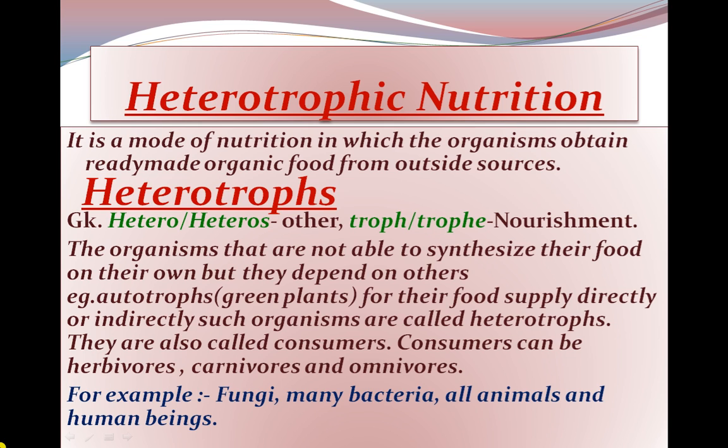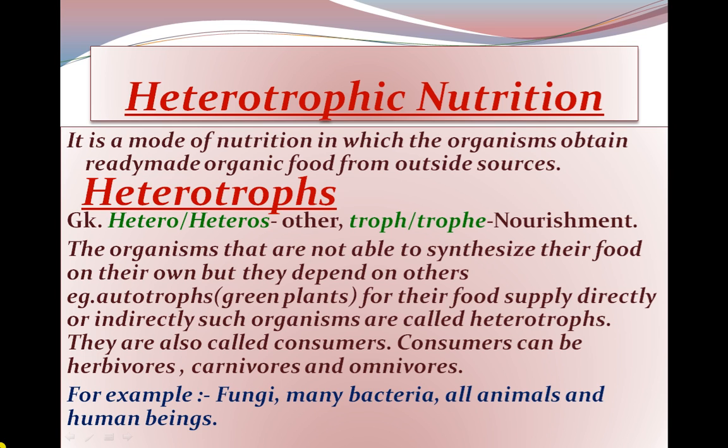What is heterotrophic nutrition? It is a mode of nutrition in which the organism obtains ready-made organic food from outside sources. The organisms that have this heterotrophic mode of nutrition are called heterotrophs. Heterotroph is derived from two Greek words.